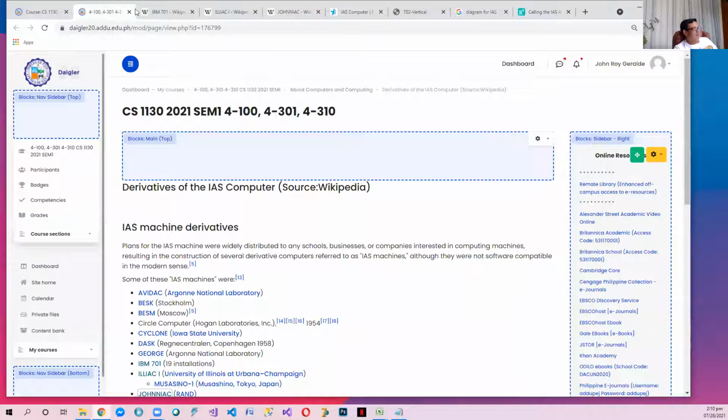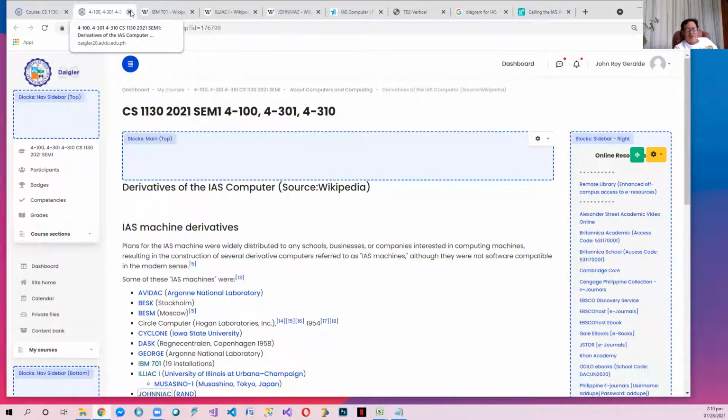Okay. So the IAS is one of the milestones in computing history. Why? Because all computers since then were based on the IAS design. Even until now, the laptop or the desktop you are using is a stored program computer.